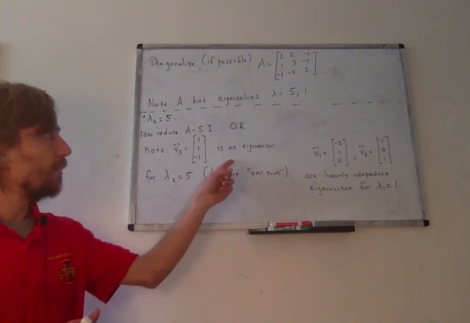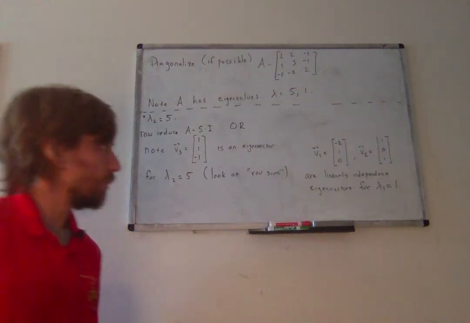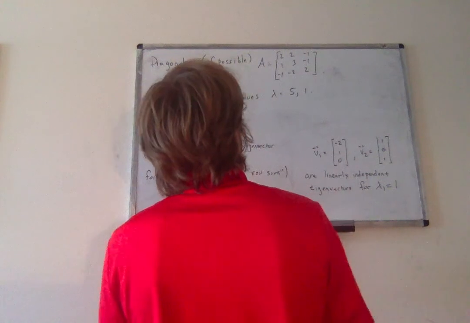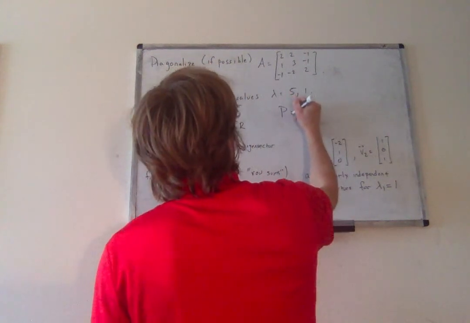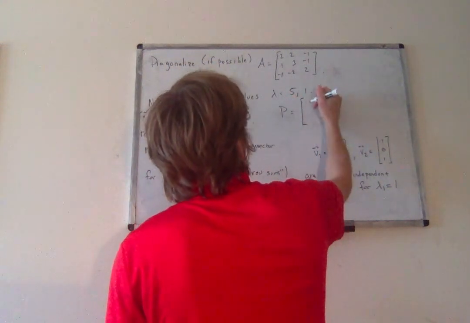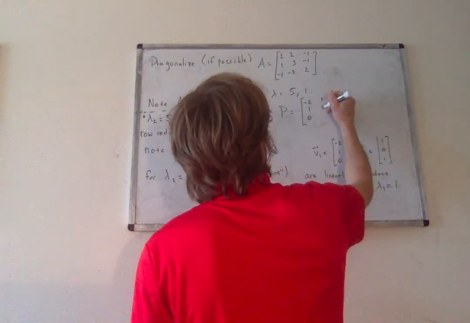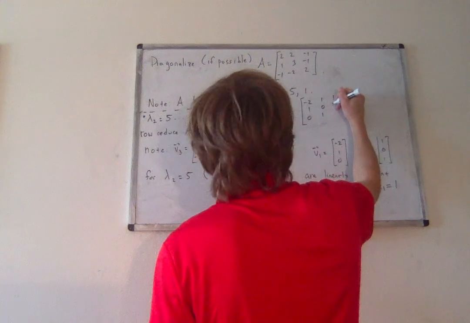So given these 3 eigenvectors, I'm going to let P be the matrix negative 2, 1, 0, 1, 0, 1, 1, 1, negative 1.